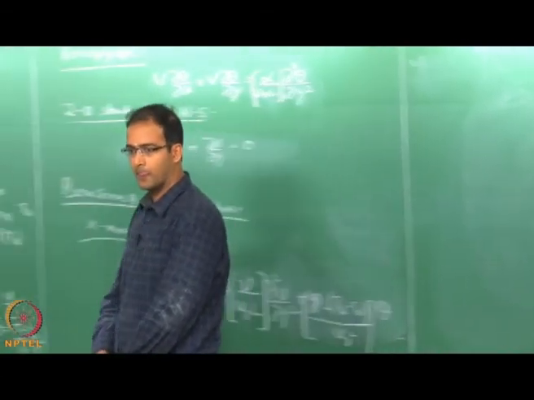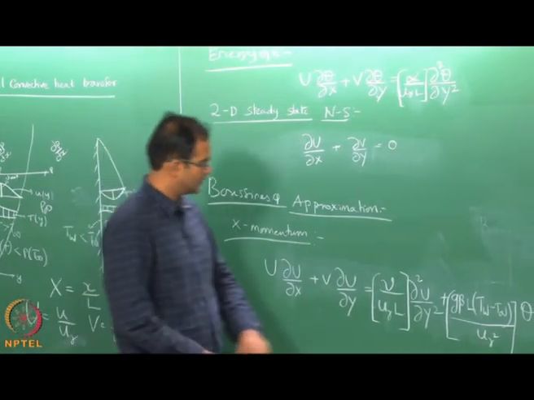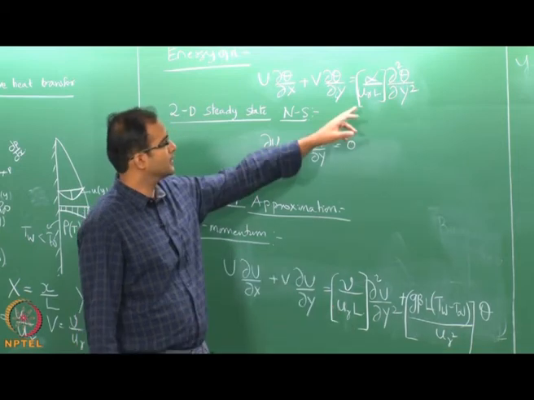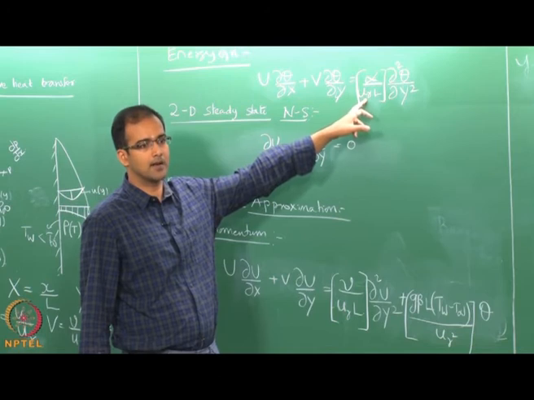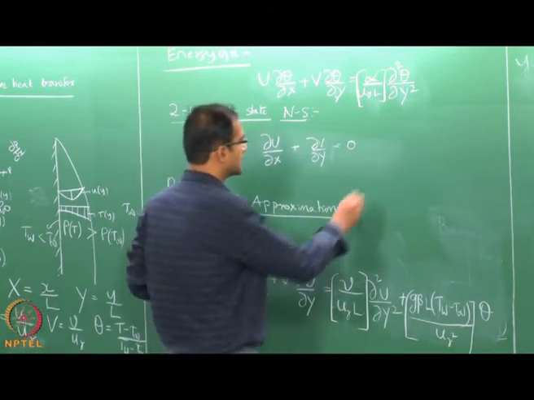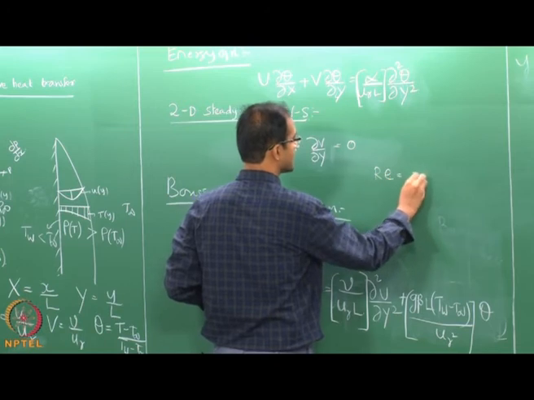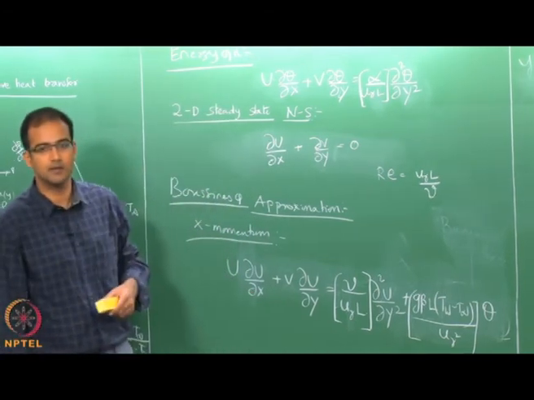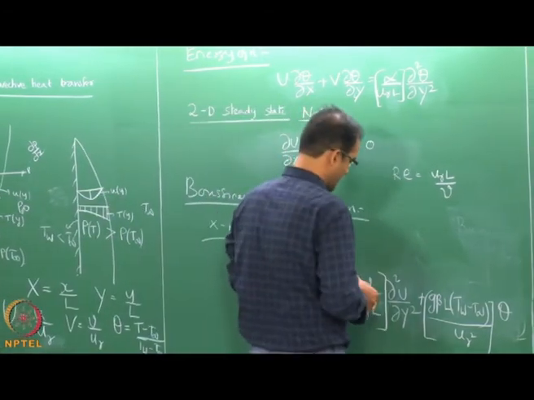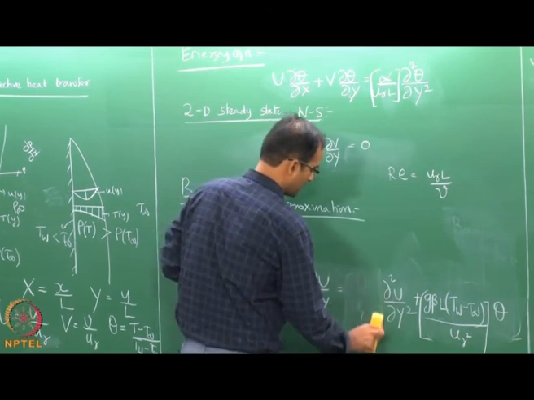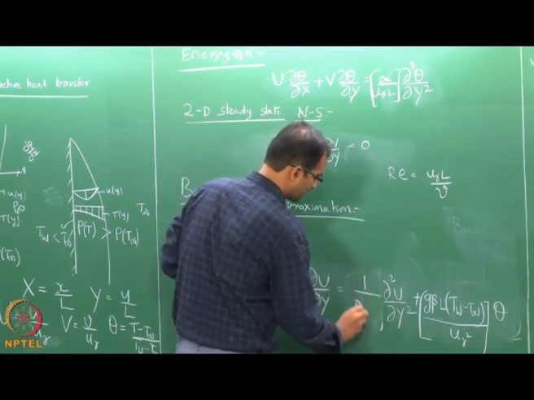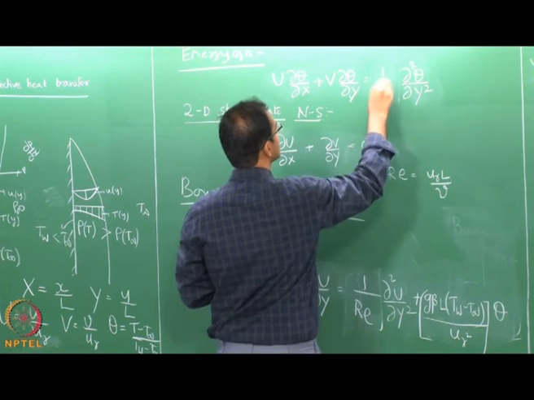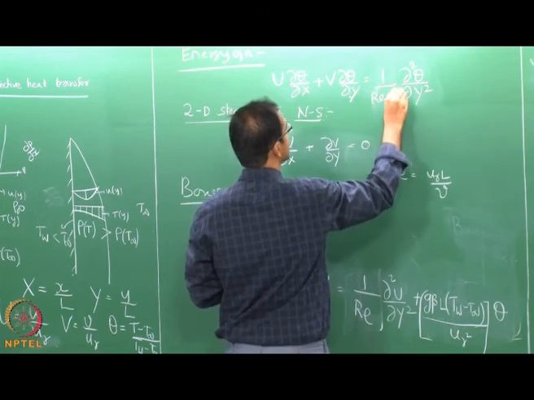So, is that okay? You have therefore 1 over Reynolds number here, and you have 1 over Reynolds number times Prandtl number. If you define your Reynolds number now as U_R into L by nu, some reference velocity times the total plate length, you can write this as 1 over Reynolds number and this as 1 over Reynolds number times Prandtl number.